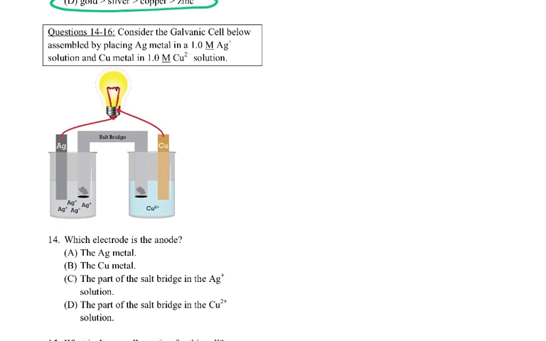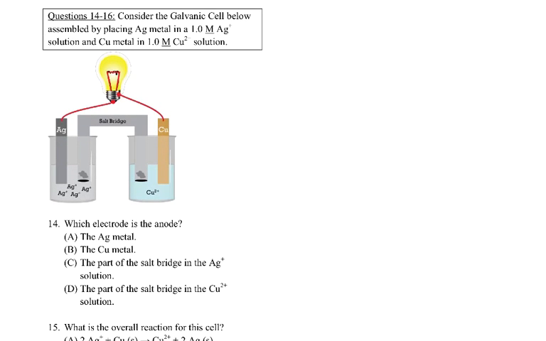So 14, 15, and 16 are all about this galvanic cell made with silver and copper. Now we actually need some information from our chart before we do this. So silver, we're going to find that on the chart. I just did that wrong. I put 2 plus, and it's 1 plus. I should know that. Silver plus an electron becomes silver metal.